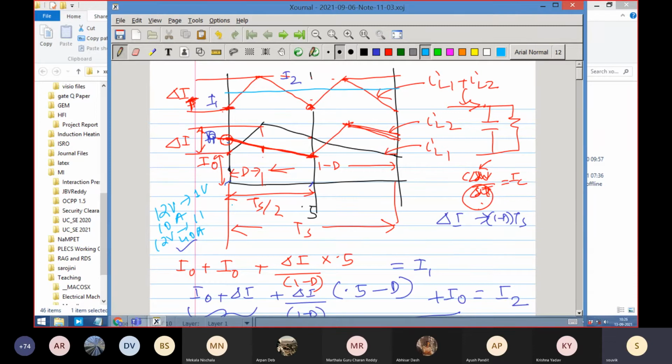Therefore, what we do is use identical switches and connect them in a multi-phase way, the way I have shown. But after doing that, is that the best? The obvious thing would be to give identical pulses to all 4 MOSFETs, at the same time. This is 1, this is 2, this is 3, this is 4. That will be the common sense thing. But what we are saying is, don't use common sense here.